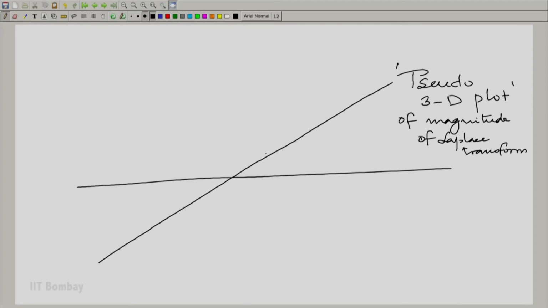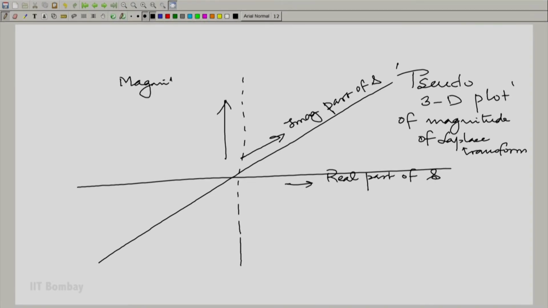So, this is the s plane, what you see here. This is the imaginary part of s and the real part of s. And on the vertical, so to speak, you are going to plot the magnitude of the Laplace transform.